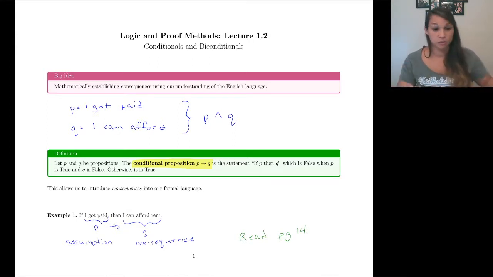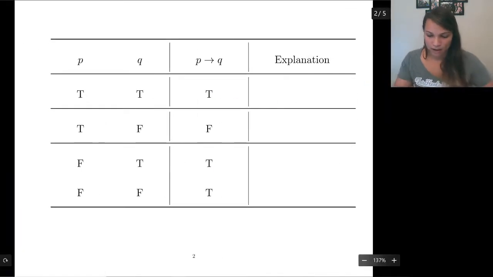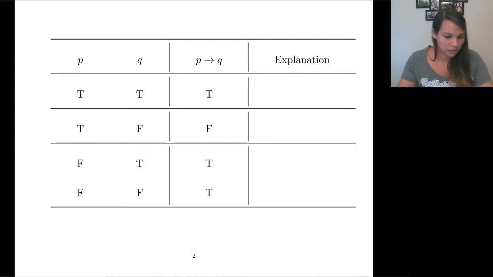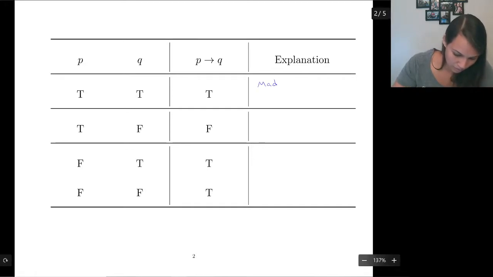Okay, so truth table. Why does it work this way? So I said it is false when P is true and Q is false, and then it was true otherwise. Explanation. Let's say that I made a promise. That would be P is true.